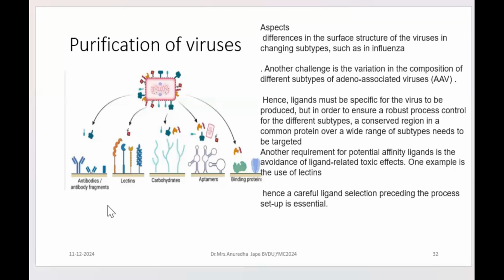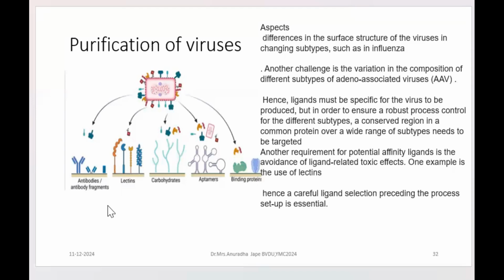So it can be prepared or activated with either of these biochemical agents. If you take an example of influenza virus, there are so many subtypes. So whenever you talk about any vaccine for influenza, it is really difficult, and every year you are going to have its variants, and the processes need to be optimized again.